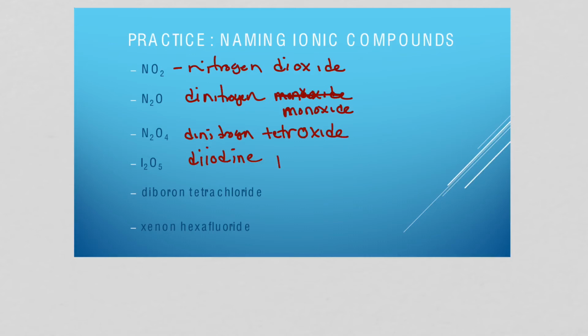Again, an a-o, so instead of pentaoxide, it's just pentoxide. So diiodine pentoxide. It's a formula that has 2 iodines, 5 oxygens. So using these prefixes in molecular naming becomes the key.